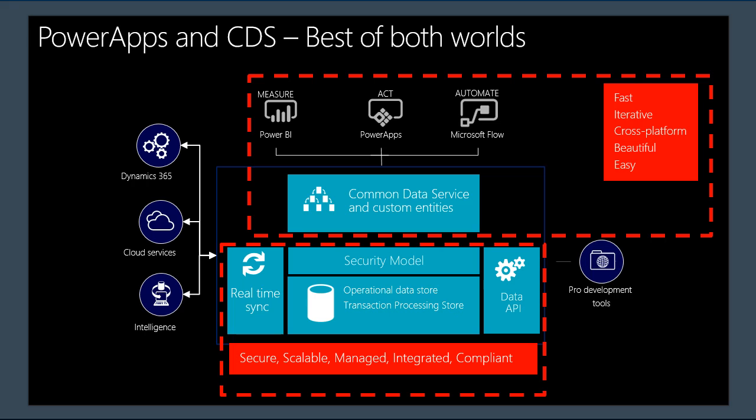So we have different roles in our security model. We have environment admin, who pretty much owns the environment and can set up the rest of the security roles. And then we have a special role called database owner, which only that person is allowed to assign security, and only that person is allowed to change the schema. And then separate from that role, we have another role called app makers, who can then build apps and flows.